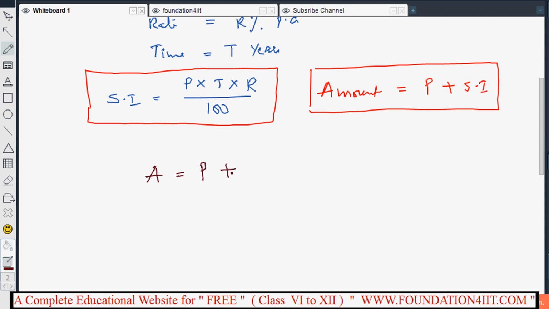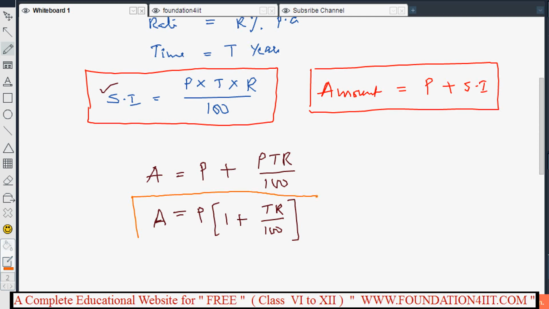In the place of simple interest I am writing the simple interest formula, that is PTR by 100. If you take P common, it is P into 1 plus TR by 100. This is the formula for amount that we can use without separately finding the interest. These three formulas will apply in these problems.